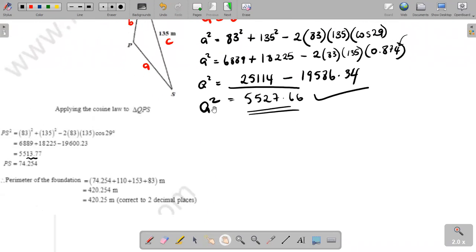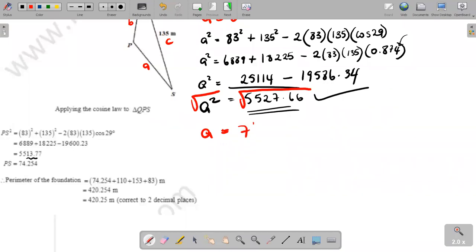You have to square root it because we didn't ask for a square. They want a. So we can't use this number. So to get a, you must square root both sides. That is what I was waiting to see if everybody remembered. So that's why a is equal to the square root of that. Please use your calculators. Make sure you're getting the right things. You should get 74.34.